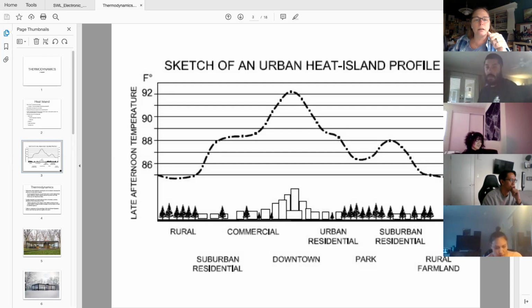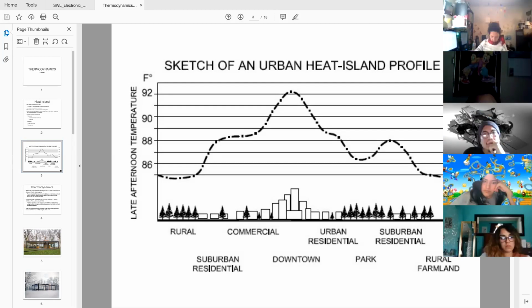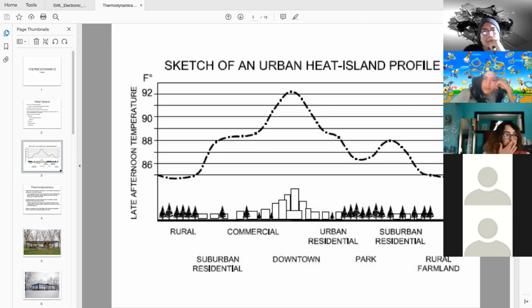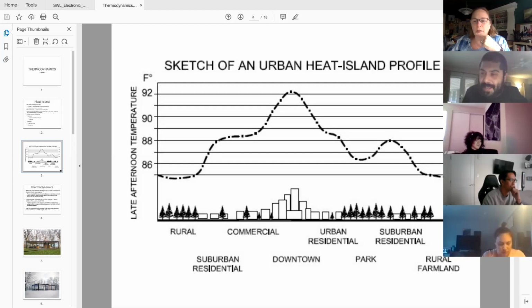So, Alethea is having a problem getting on. I know her laptop's got some issues, but you can see her through it, and then usually she talks through her phone, but for some reason she can't get her phone to work, so she's having some technical issues. Yeah, gosh, that sucks. Okay.